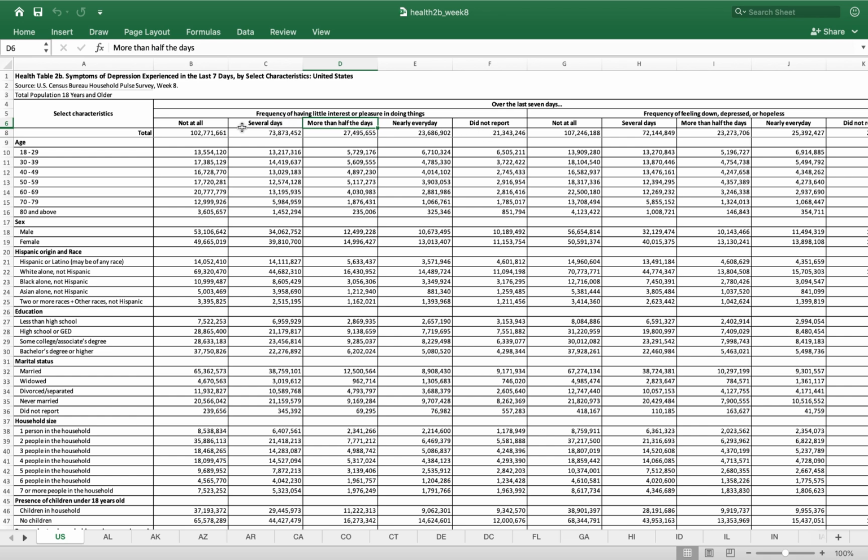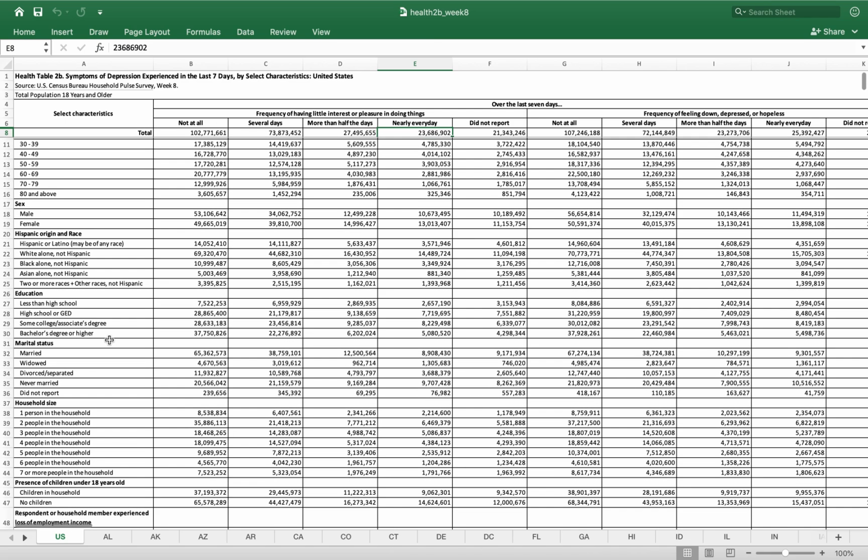And so they gave you the total here. So here's the total. And so what I might want to do is just say, hey, how many people out of everyone said that for several days? And so I would divide 73 million by the 102 million, right? Or how about people who said that nearly every day? And so you'd have to kind of divide that by the total.